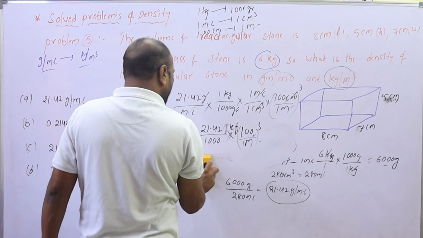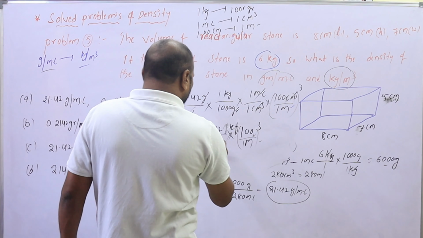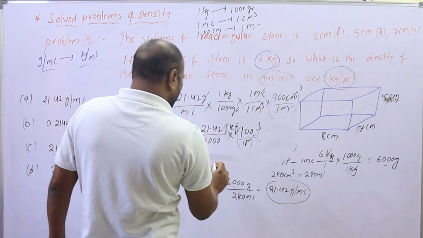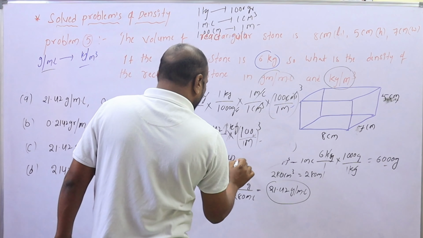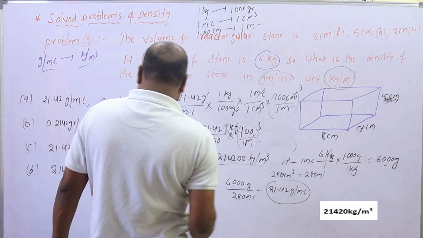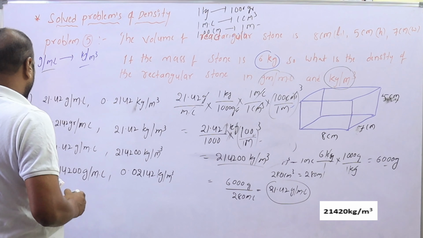So the answer is 21.42 into 1000, which is 21,420 kg per meter cube. The answer is 21,420 kg per meter cube.